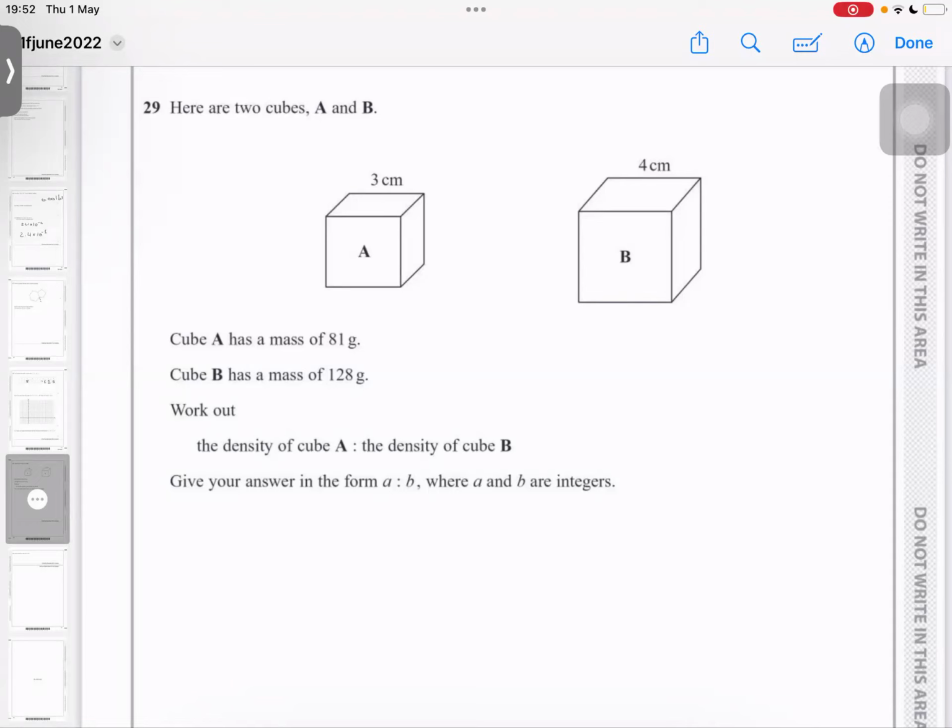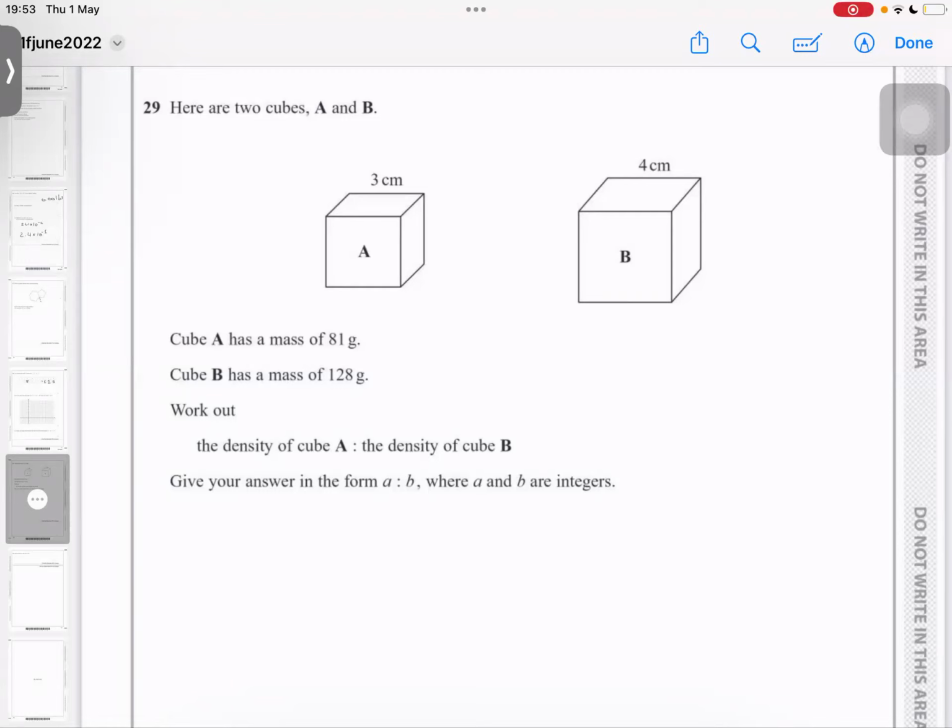That's simple. Do you remember the formula for density? Yes, mass per unit volume. Whenever you hear that word per unit, just know that it's division. Mass divided by volume. So what's the mass?